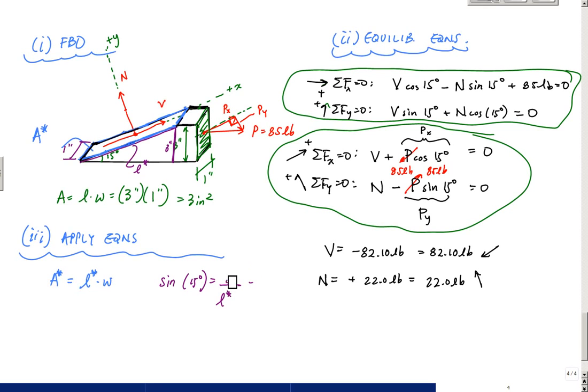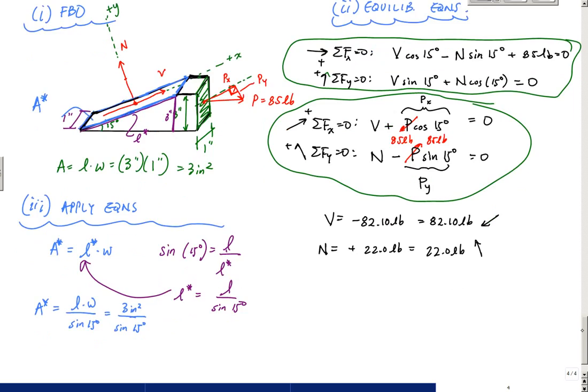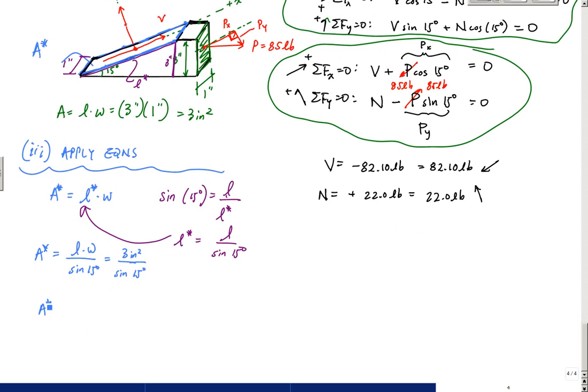Let's say the original length over L star. So that makes L star equal to L over sine of 15 degrees. And if I plug that in, A star is just length times width divided by sine of 15 degrees, which was really just 3 inches squared divided by the sine of 15 degrees. And this A star, if I run through some calculations, is 11.59 inches squared.